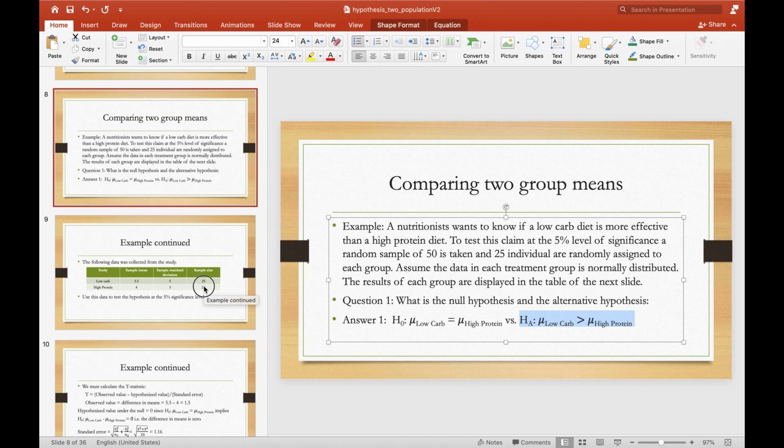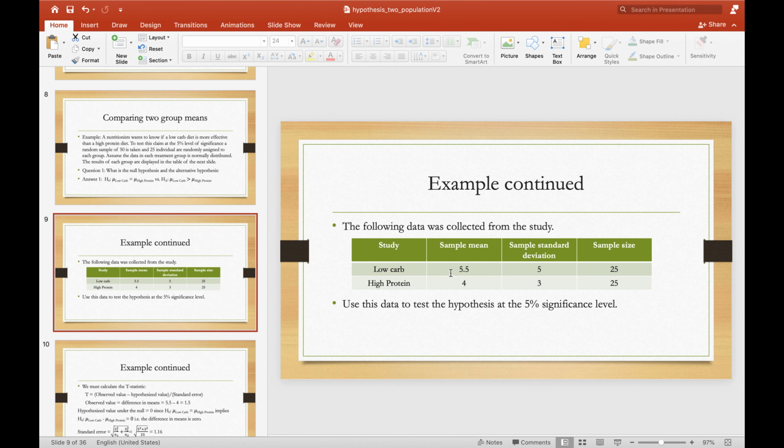Okay, so along with this little description, we need data, because without data, we can't assess this claim. So suppose we have data, and it turns out the sample average of the low-carb is 5.5 pounds. That's how much they lose on average. And the high-protein diet, they lose 4 pounds on average. Okay, sample standard deviations are going to be 5 pounds for low-carb, 3 for the high-protein, and the sample sizes are equal.